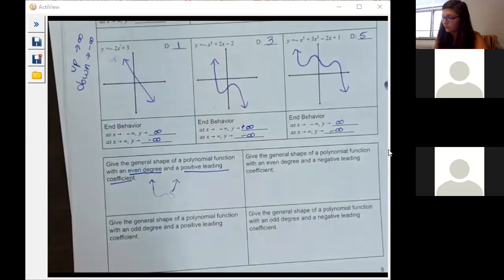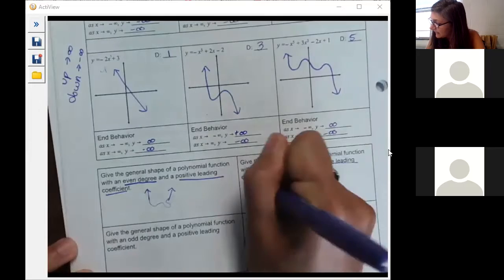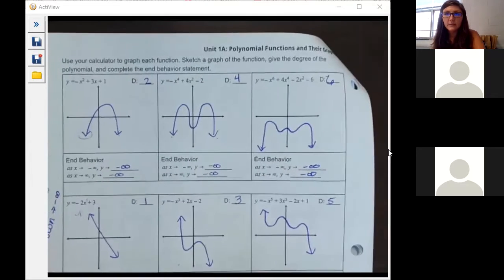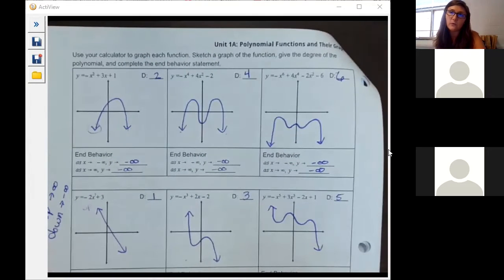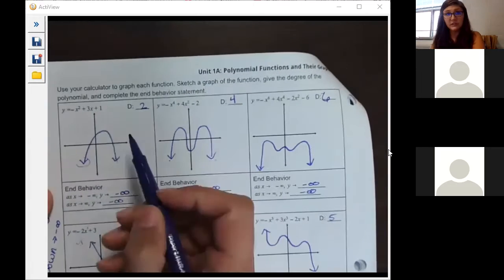When you have an even degree and a negative leading coefficient, I want you guys to think about the graph transformations that you've seen before. If I stick a negative in front of a line with a positive slope, now it has negative slope. If I have a parabola, right, what you guys saw at the very end of your Algebra 1 step, if I have a parabola and I give it a negative leading coefficient, it flips upside down, which is what we saw here.